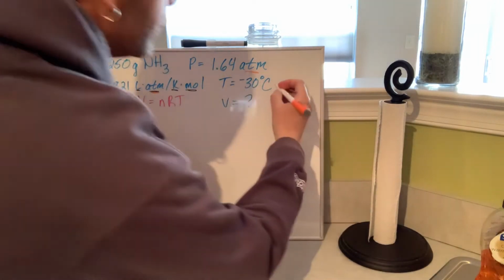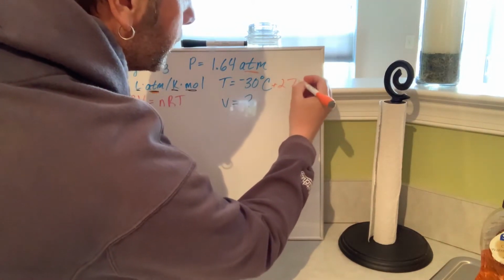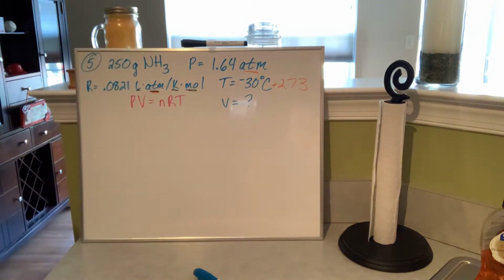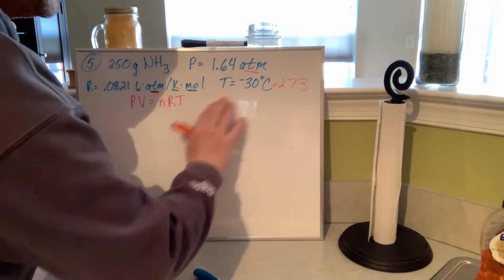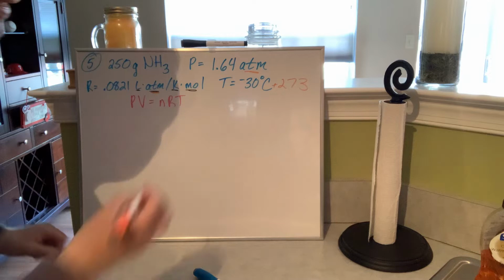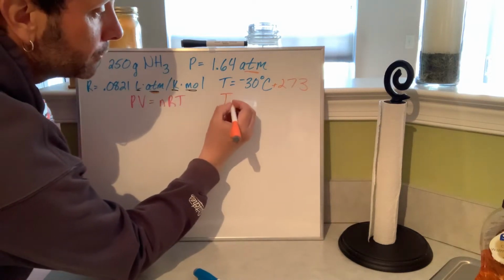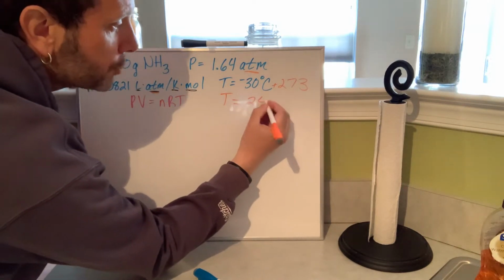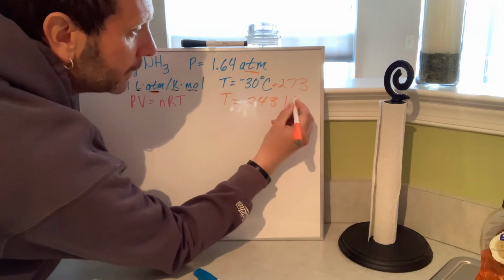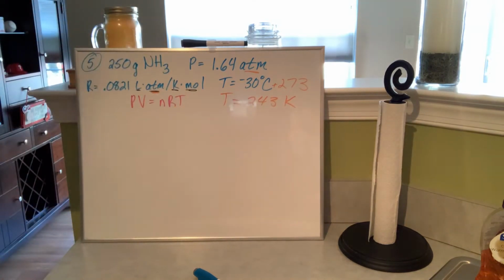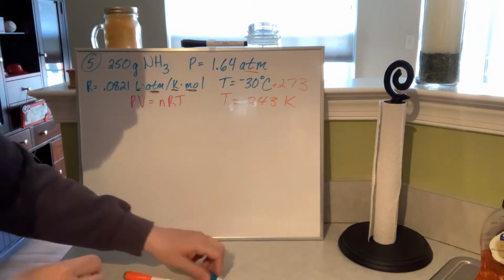If you add 273 here, let me get rid of this V right now. We know that we need to find that. What we're going to get is that the T value is 243 Kelvin, right? Because that's what -30 plus 273 is, or 273 minus 30 if you want to say it that way.